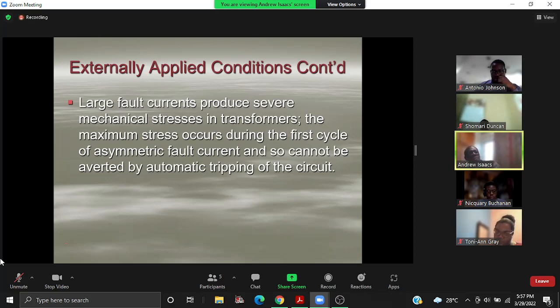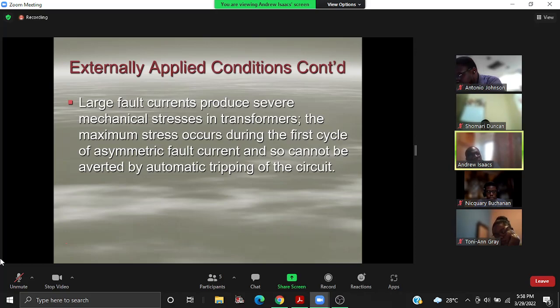If you think of even the SF6 breaker, for example, it operates in 3 cycles. With that, because the fault current would be there for at least 2 cycles, it means that the full effect cannot be averted.